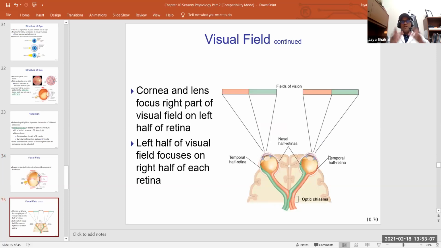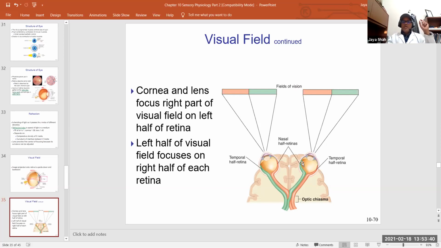Field of vision. Each eye can see the object separately and each eye has two fields of vision, the temporal and nasal. So when the light falls on the cornea, the lateral or temporal side rays fall on the nasal side and nasal falls on the temporal side.